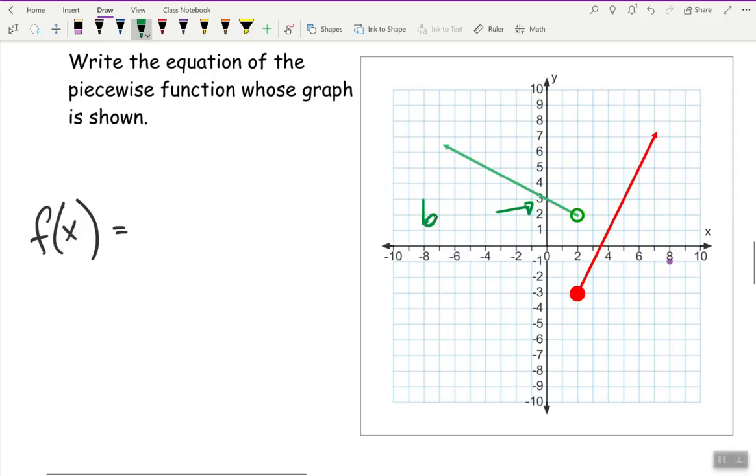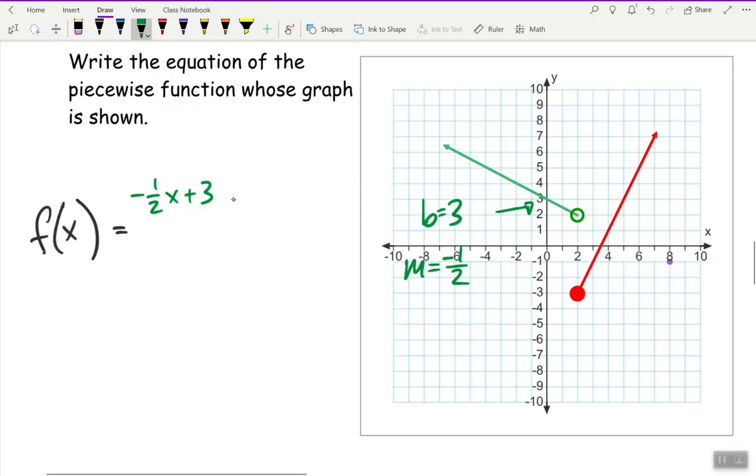Looks like a y-intercept of 3, right? And what's our slope? Looks like a slope of down 1, right 2. That's negative 1/2. So can we write our equation of our line? f of x equals negative 1/2 x plus 3.